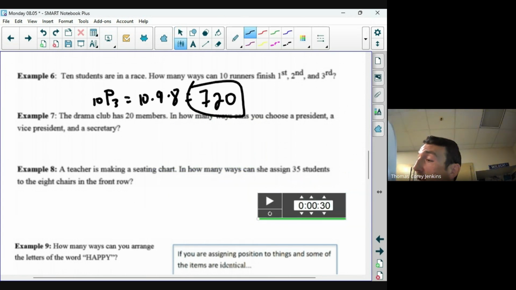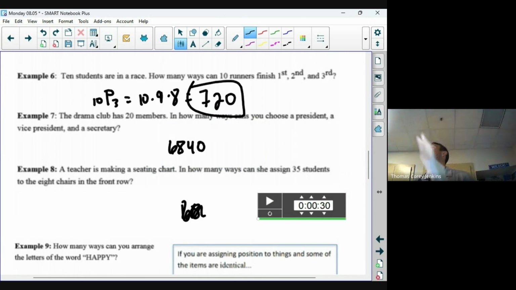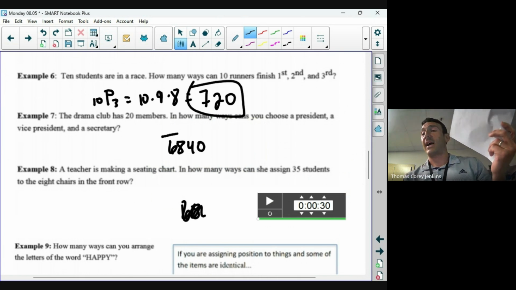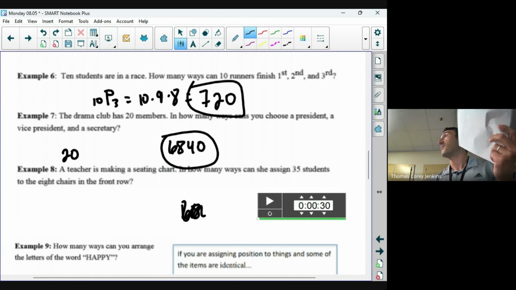6,840. So if you got 6,840, you got it right, okay? If not, or if you got something else, here's how I get there. So we have 20 to choose from. It's a permutation because president is different than vice president.